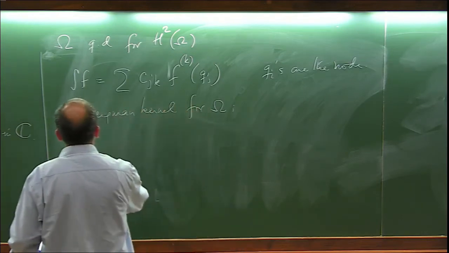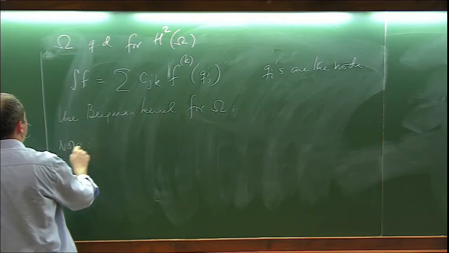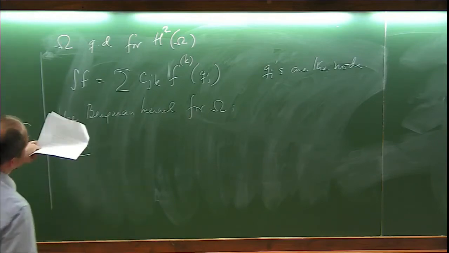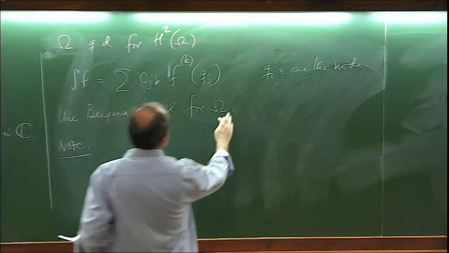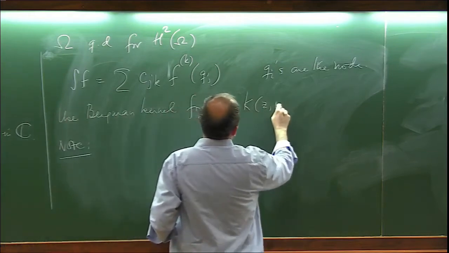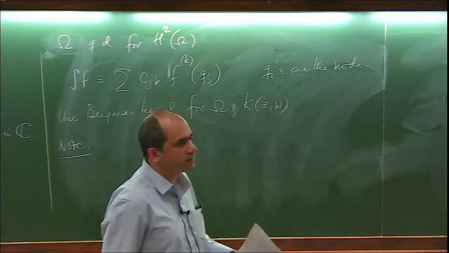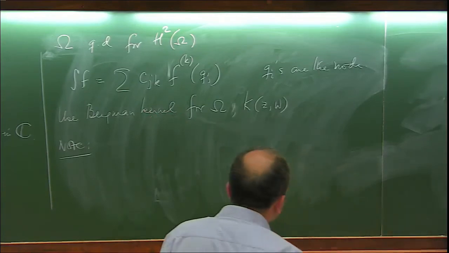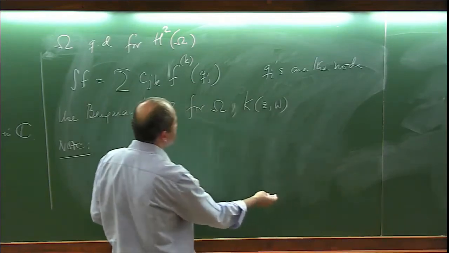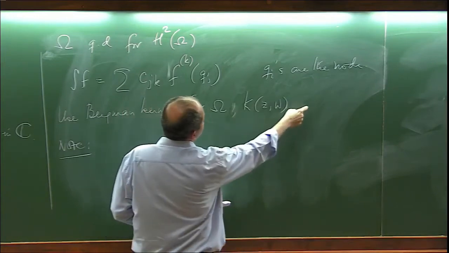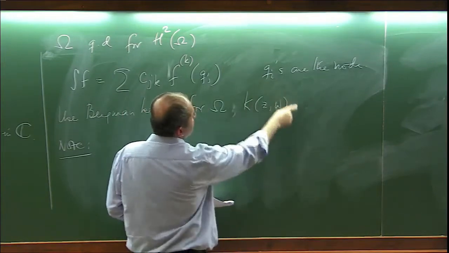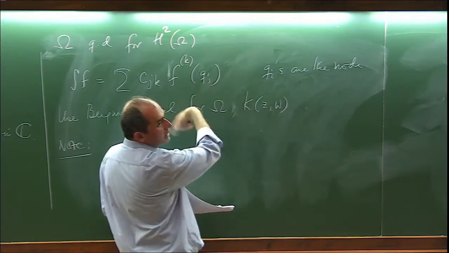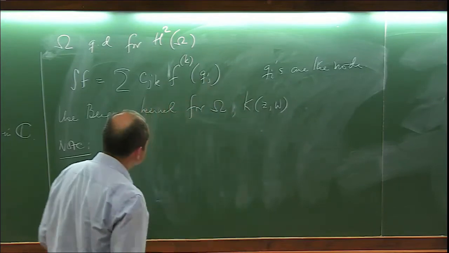So first of all, observe, K, this Bergman kernel, has the reproducing property. So if you act against holomorphic functions, you get evaluation and so on. And because of the reproducing property, integrating a holomorphic function against powers of K will give you so many derivatives. That's the idea.